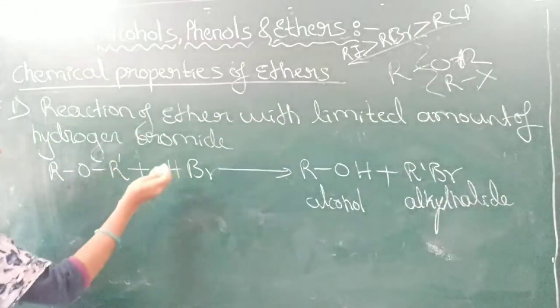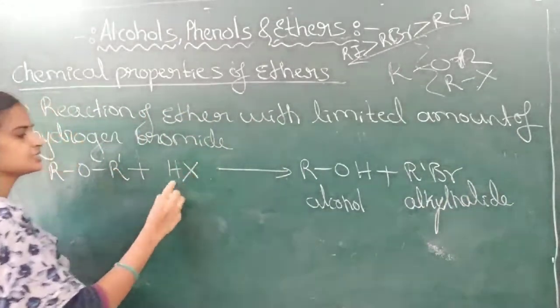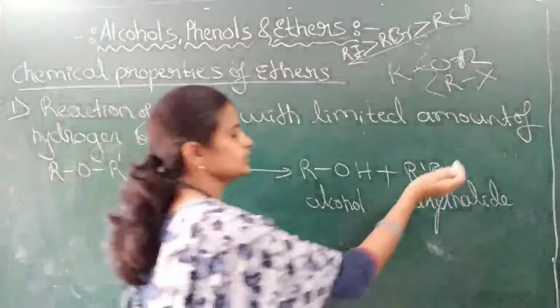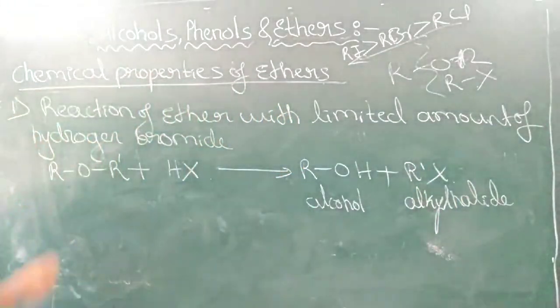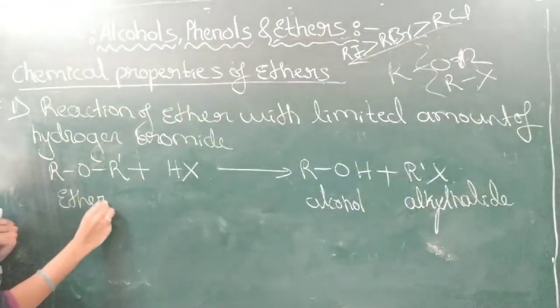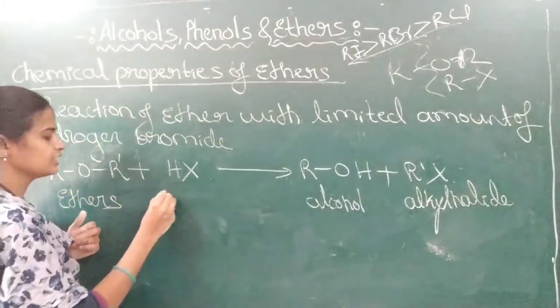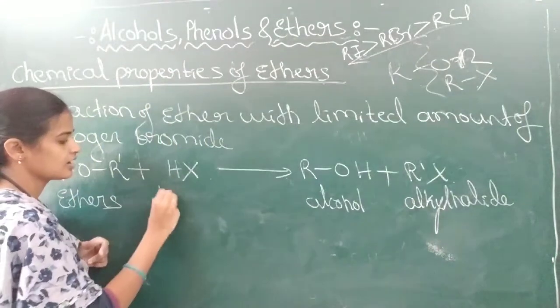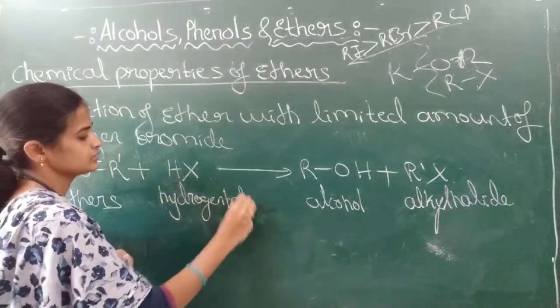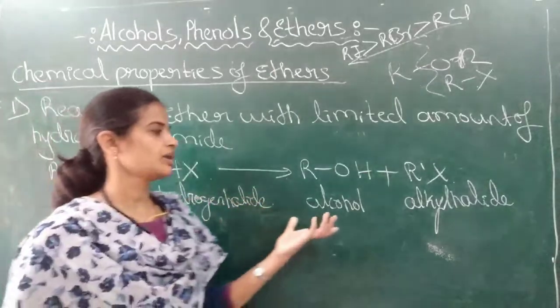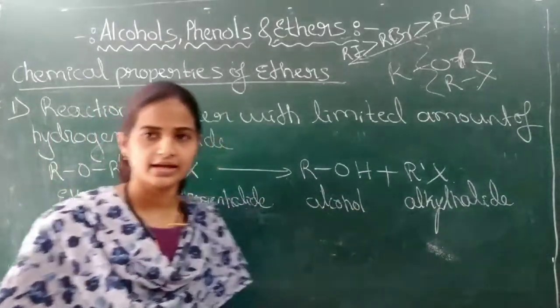So generally HX is the hydrogen halide, and here RX. This will be the general formula. When ethers are treated with hydrogen halide, a mixture of alcohol and alkyl halide is formed.